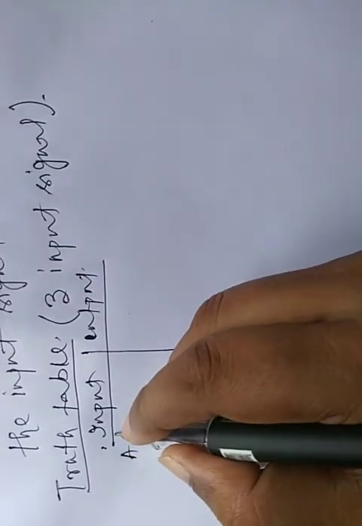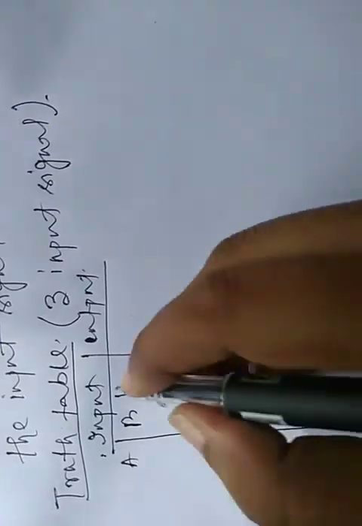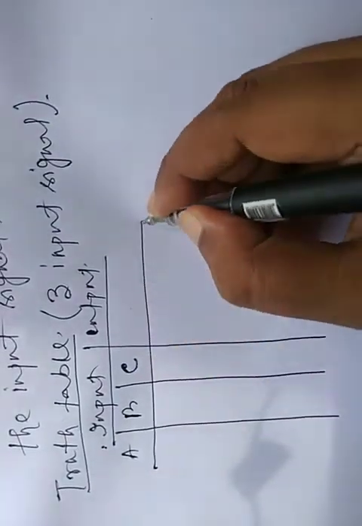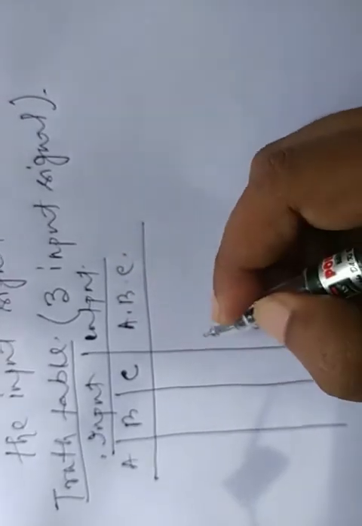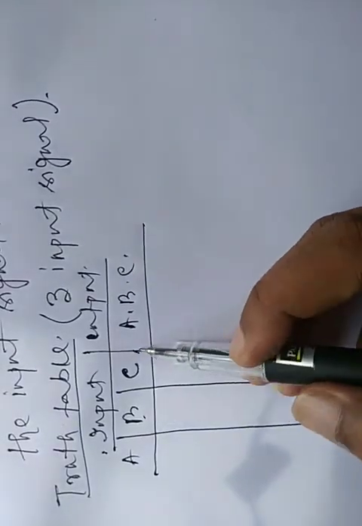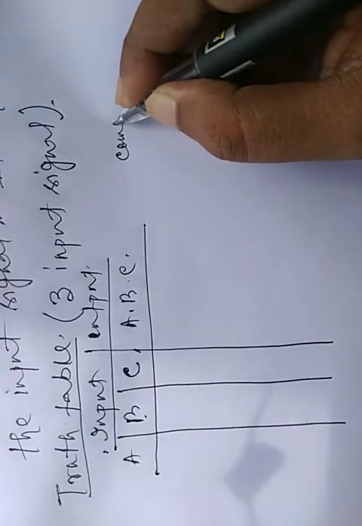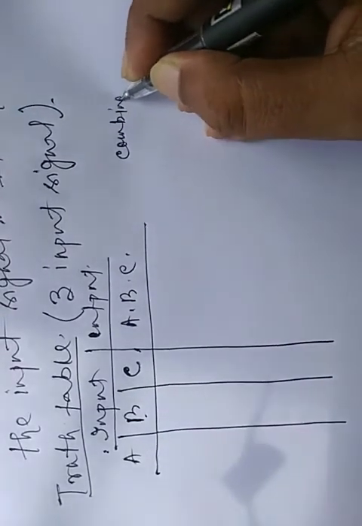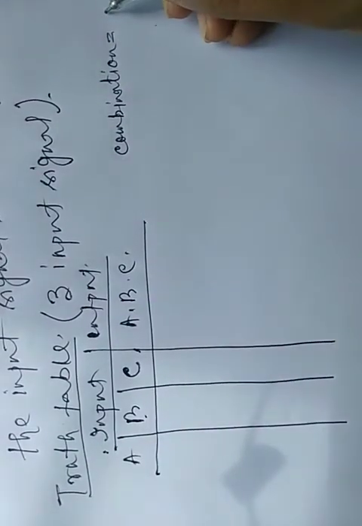So the input lines are 3 here: A, B, C. Clear? Output is A dot B dot C. For 3 input signals, we have already discussed combinations. How many combinations are there?